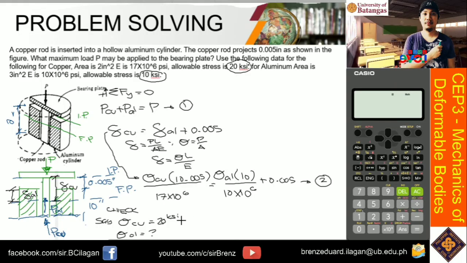So idiretso na lang natin. Substitute yung 20 dito. What will be the value of stress ni aluminum? So, pindutin natin. Stress ni copper, so 20 times 10.005 divided by 17 times 10 to the 6, then minus 0.005.